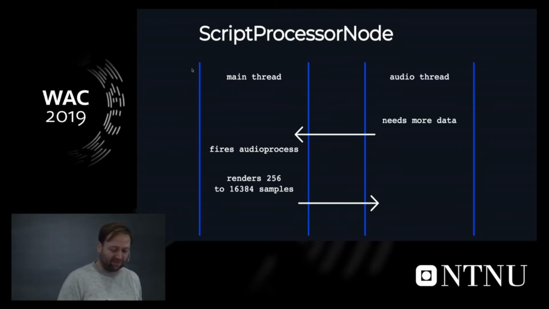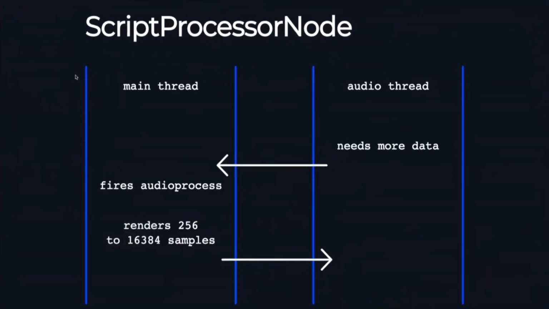And up on the screen, you see a diagram that was my attempt to explain the script processor node. So you see two threads, the audio thread and the main thread. The script processor node works by you specifying the buffer size at the beginning. You have to explicitly tell it what kind of buffer you need, if it's only 256 samples, or it can be up to 16,384 samples.